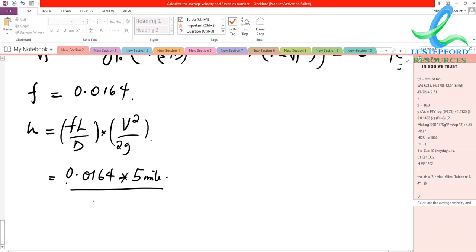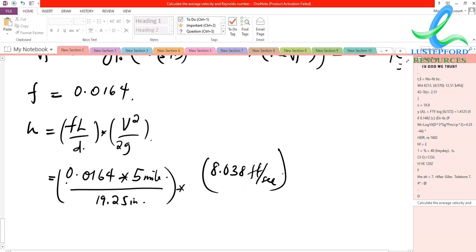Divide by the D, which is a small d, which is 19.25 inches, times this, which is 8.038 feet per second, squared, divided by 2G. The G is 32.2 feet per second square.